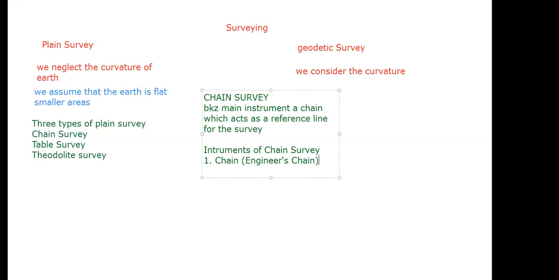There is another chain which is used by MKS system, and that chain is called as a meter chain. Further, we have a Gunter's chain, but we use engineer's chain because that is easily available here, and that is the most convenient type of chain for chain survey.